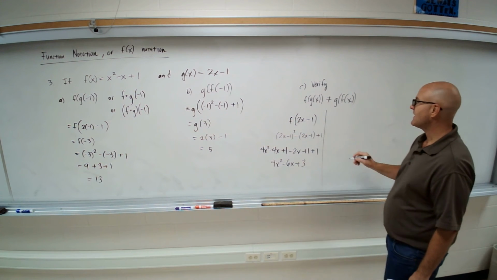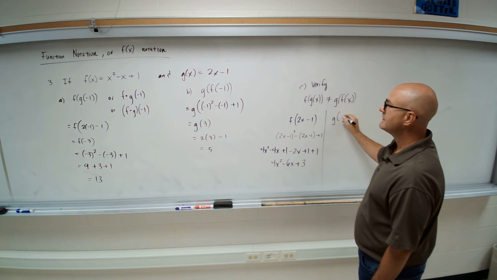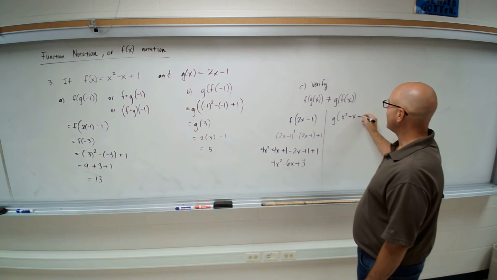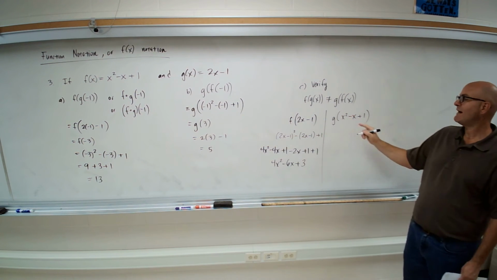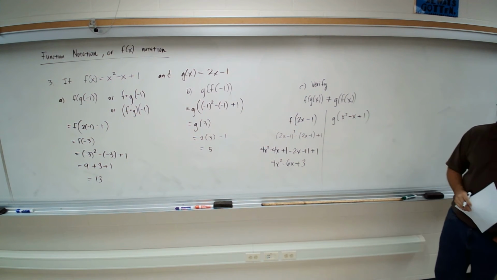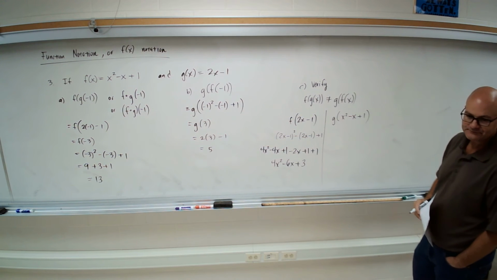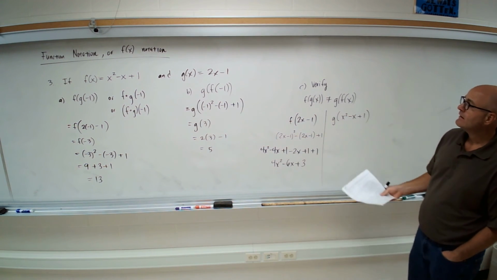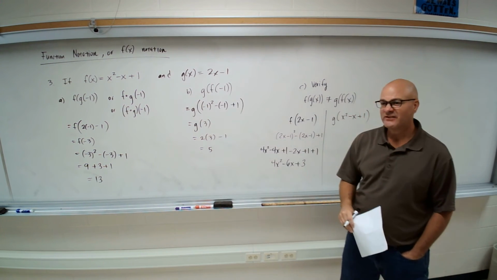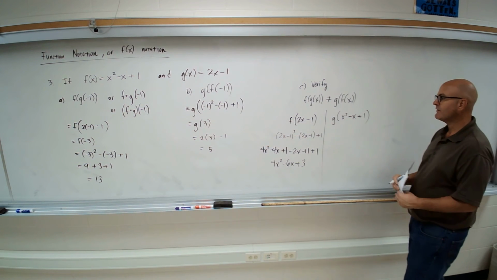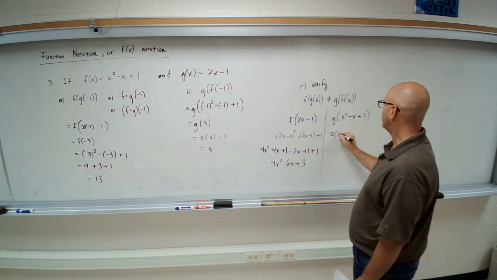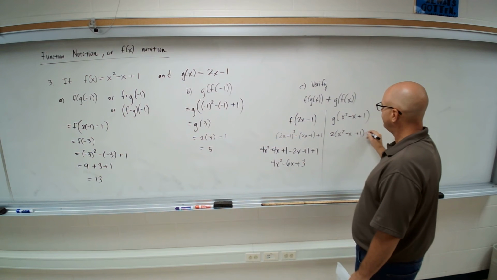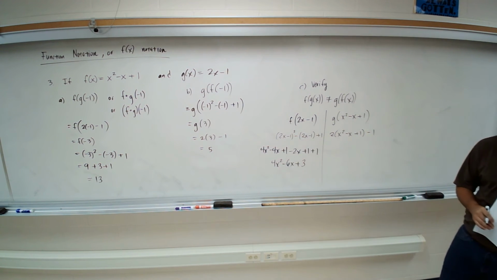To check the other side, we'll get g of x squared minus x plus 1. Again, I just replaced f of x with x squared minus x plus 1. And now our rule for g tells us to take 2 times the input minus 1. So 2 times the input minus 1.